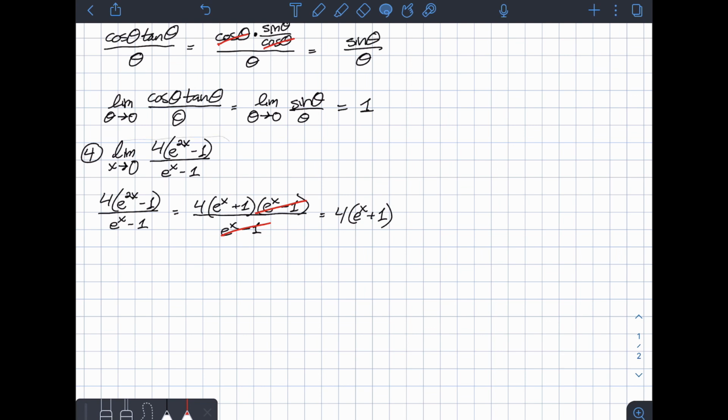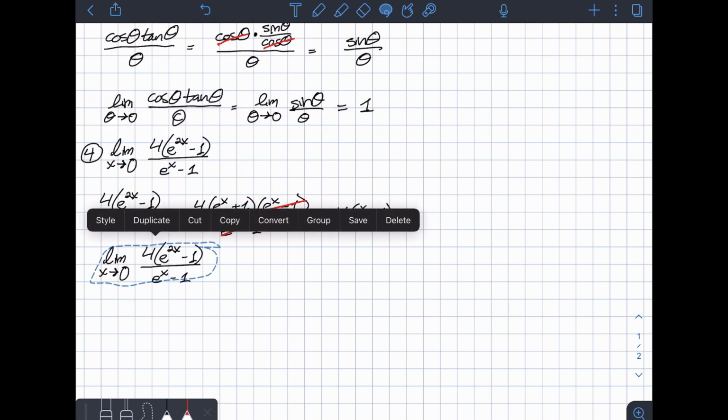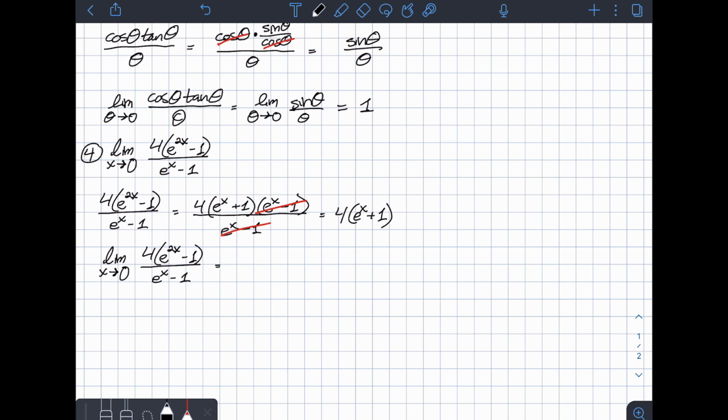And so the limit of this function is equal to the limit of this function, which, just to write it out, is equal to 4 times the limit as x approaches 0 of e to the x plus 1.